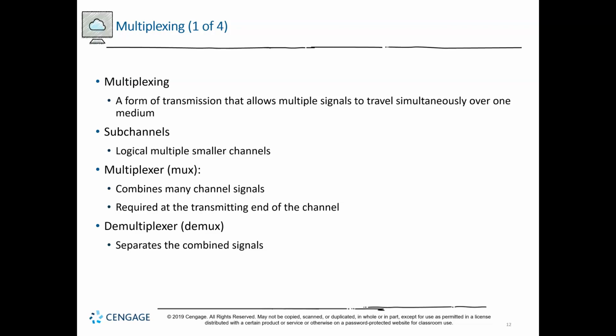A couple of other terms that are a little weird and odd in here is the idea of multiplexing. Multiplexing allows us to put more than one item on those sets of cables, or on that coaxial cable, or on that fiber.